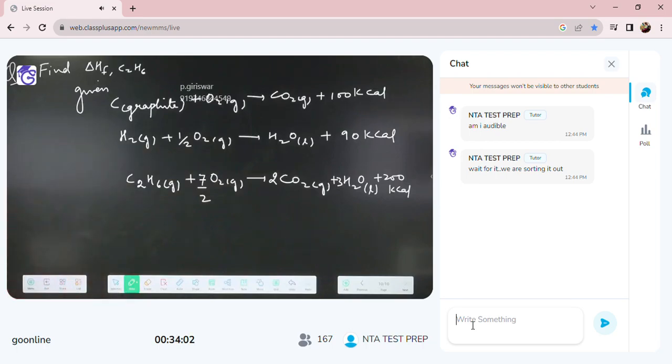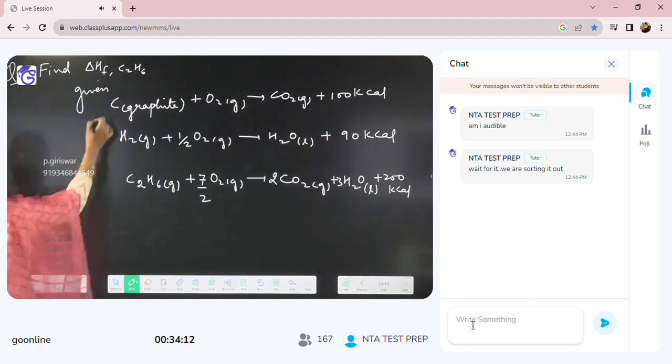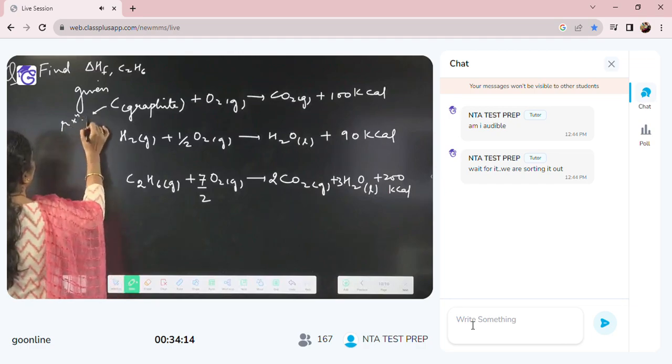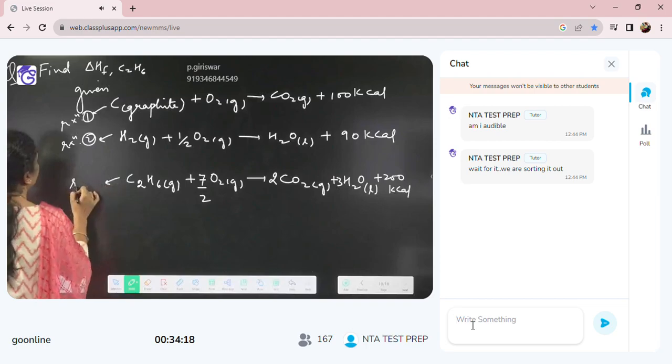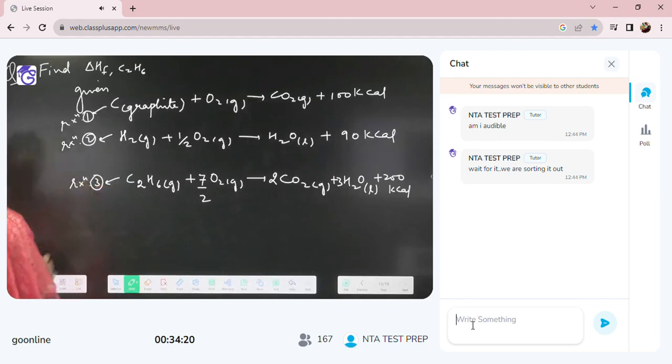Any method is fine, Divya and Tejaswini. There is no doubt about it. Fundamentally, you should be right. Let us say this is your reaction number 1, this is your reaction number 2, and this is your reaction number 3.